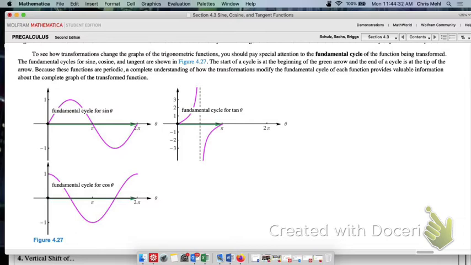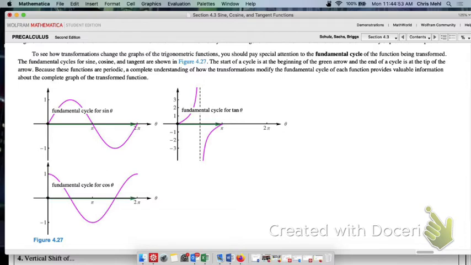Okay, or it's half the difference between the maximum and minimum. So, right, sine and cosine have maximum 1 and minimum negative 1. So half the distance between those values, which is 2, you would get positive 1. So sine and cosine originally have an amplitude of positive 1.